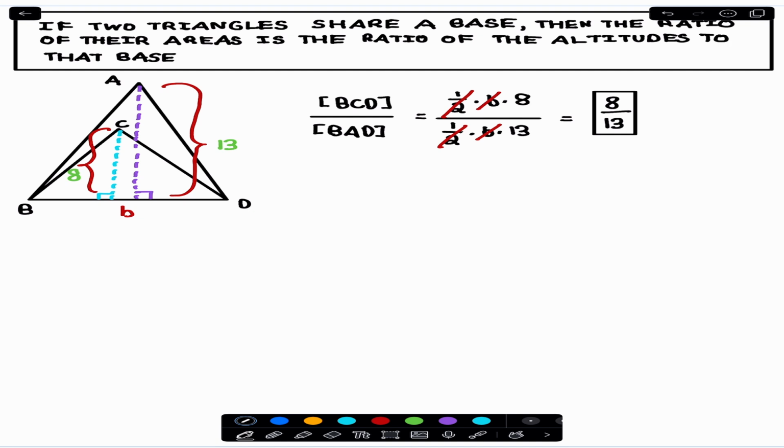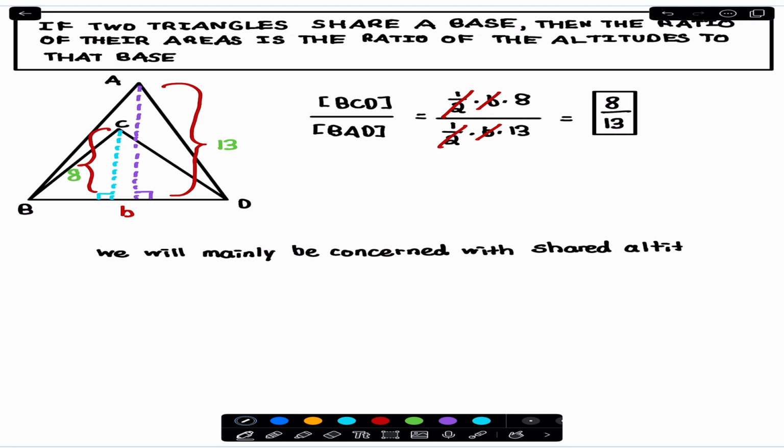And so they just have more applications, and they're just more fun to work with in general. So that's what we're mainly going to be concerned with. So let me write that down for you, my students. We will mainly be concerned with shared altitudes, as opposed to shared bases.